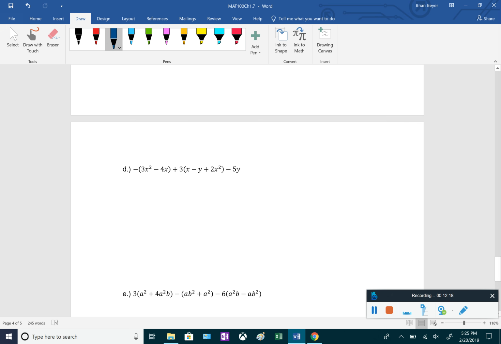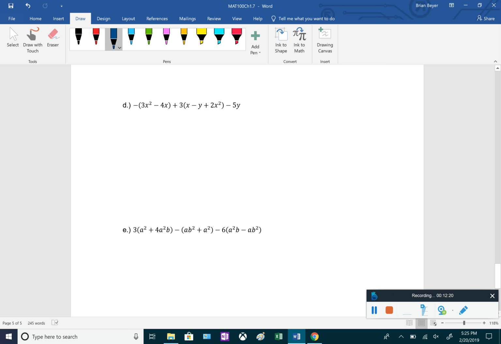Let's do two more. So next one we have negative 3x squared minus 4x plus 3 times x minus y plus 2x squared minus 5y. Okay, first one we have a negative out front, so remember that's negative 1. So we have to distribute a negative 1 into that first set of parentheses, and then we have to distribute a positive 3 into the next set of parentheses.